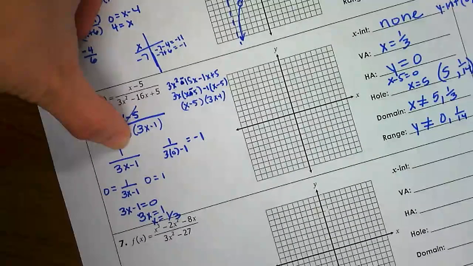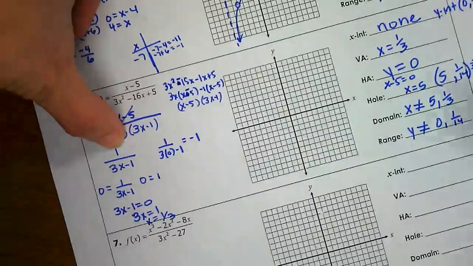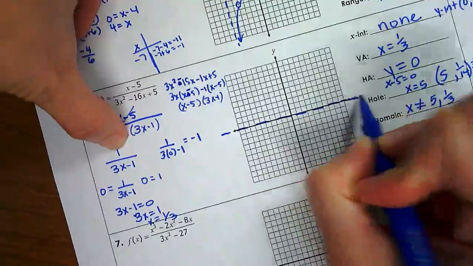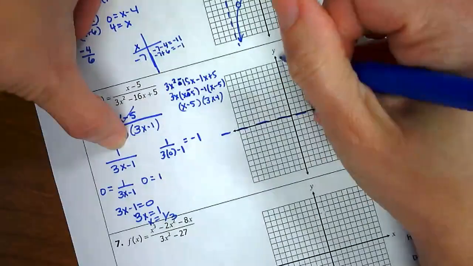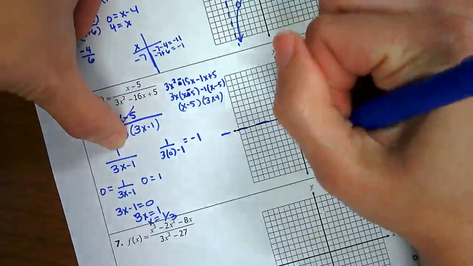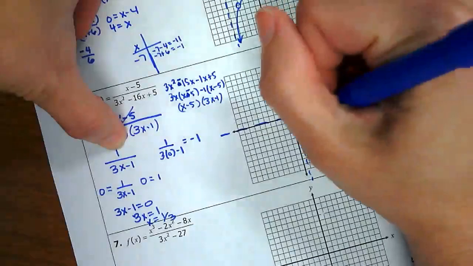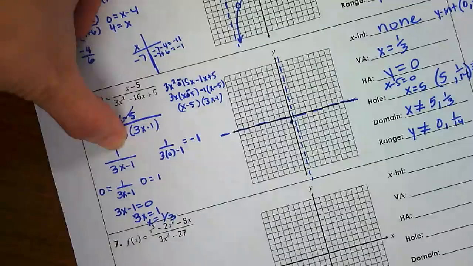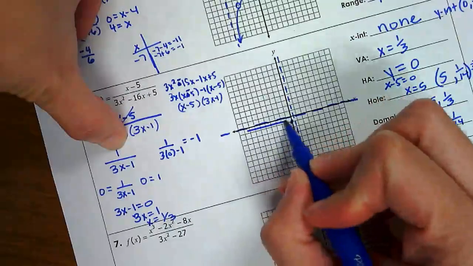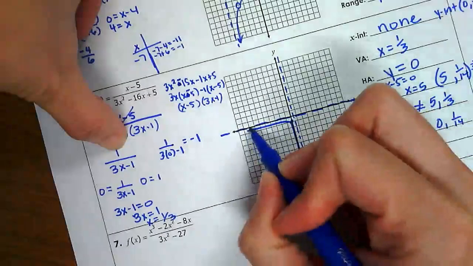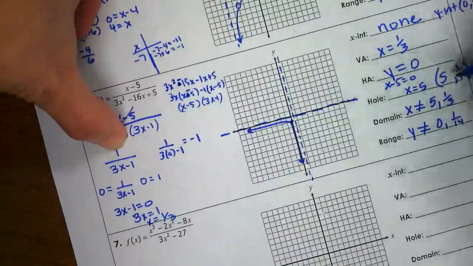The domain, I'm leaving out the hole, and I'm leaving out the vertical asymptote. The range, I'm leaving out the horizontal asymptote and the hole. So when I sketch this, the horizontal asymptote's going through here, the vertical asymptote is at 1/3. I've got no x-intercept.